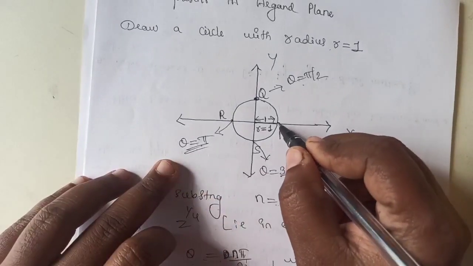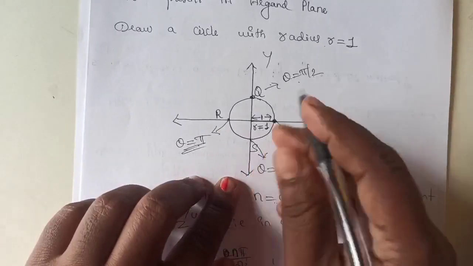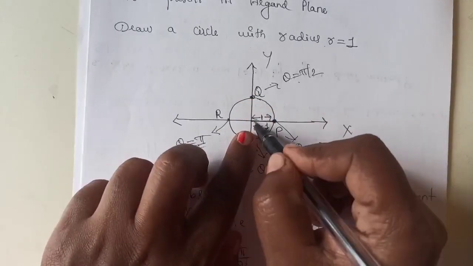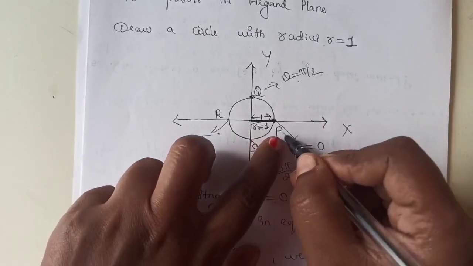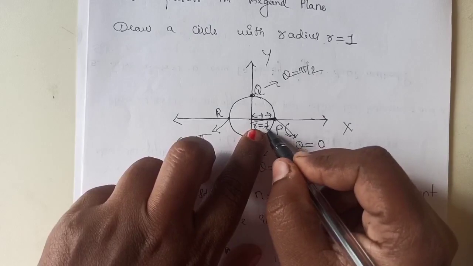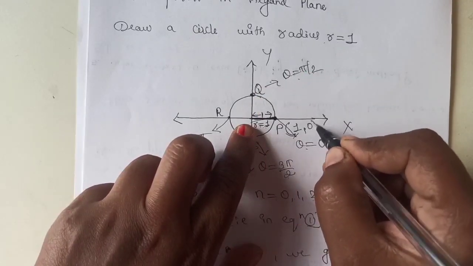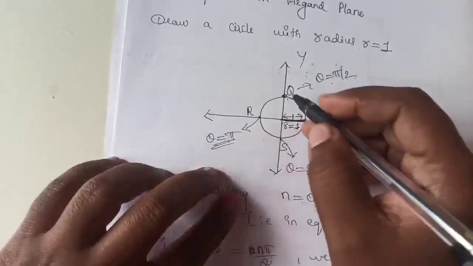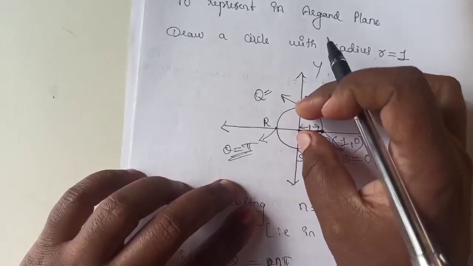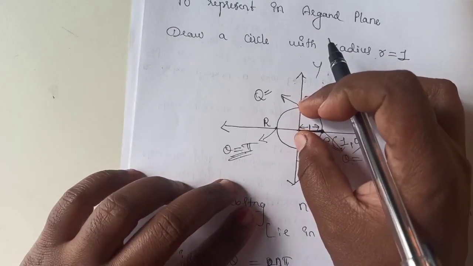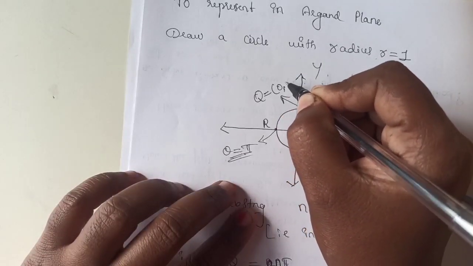Okay, so you can observe that here r equals 1. For this line, we write the points. For point P, the x distance is 1, but the y distance is 0. For this point Q, this distance is again 1, so the y distance is 1, but the x distance is 0, therefore we can write it as 0 comma 1.